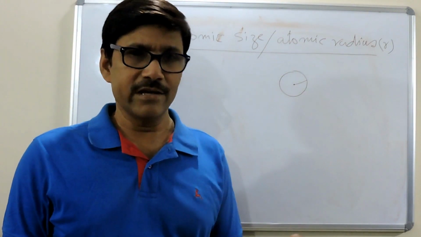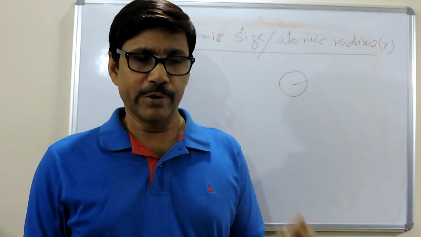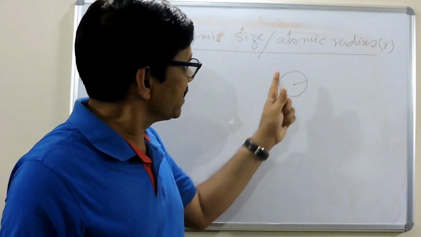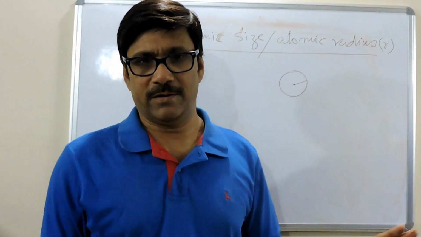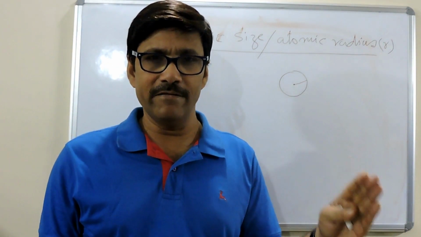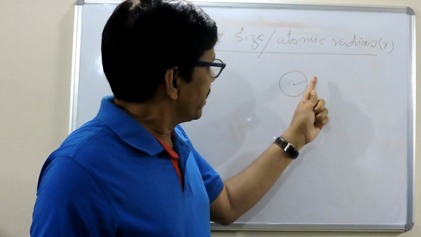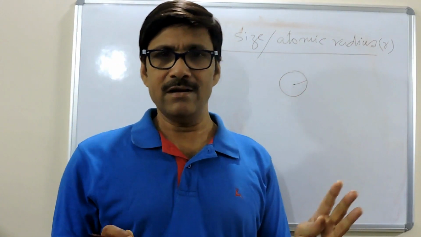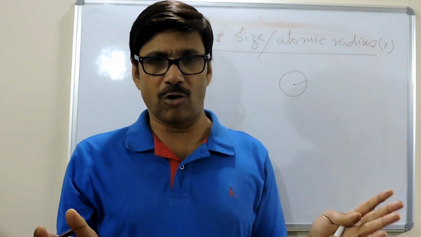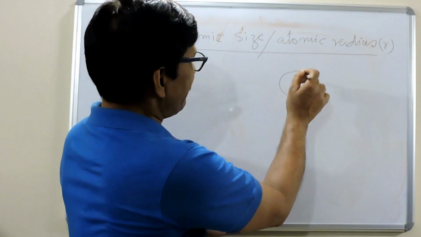But the thing is not so simple, because the shells are not well defined. You will see in Standard 11, electrons present in the shell are diffused in the form of a cloud. I mean like this.